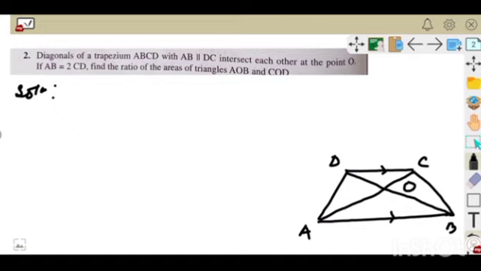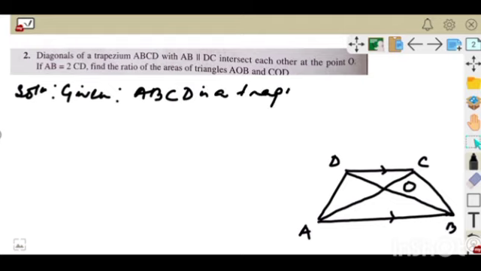I'll write given here. Given. In given, what we are going to write? I'll write ABCD is a trapezium. Next, I can write here what happened? AB parallel DC.